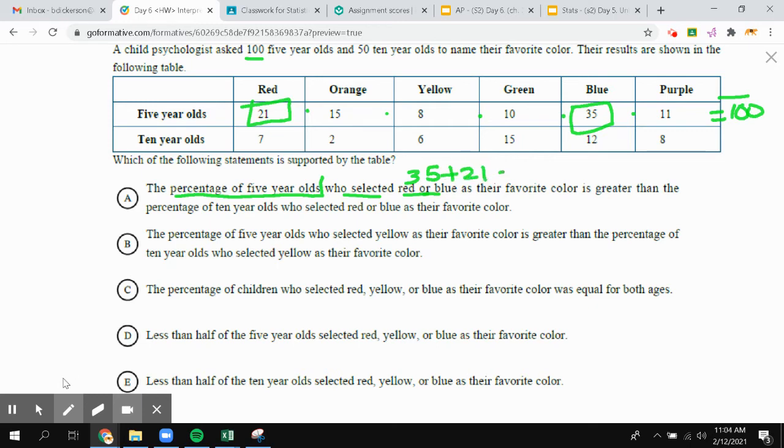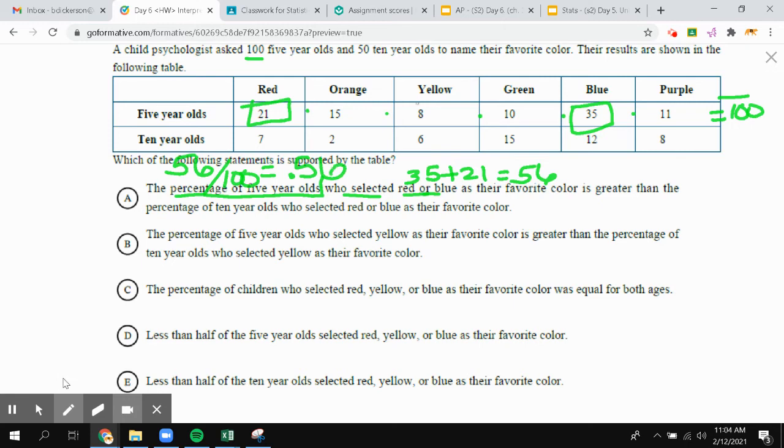Okay. And that gets me 56. But we're looking at a percentage. So I'm going to take that 56 and put that over all 5-year-olds. So 56 out of 100 is 0.56, which is 56%.